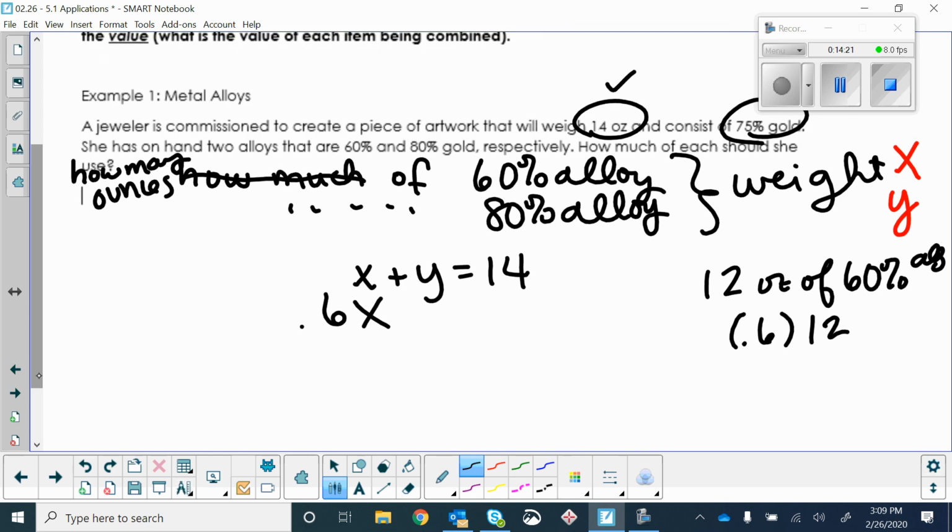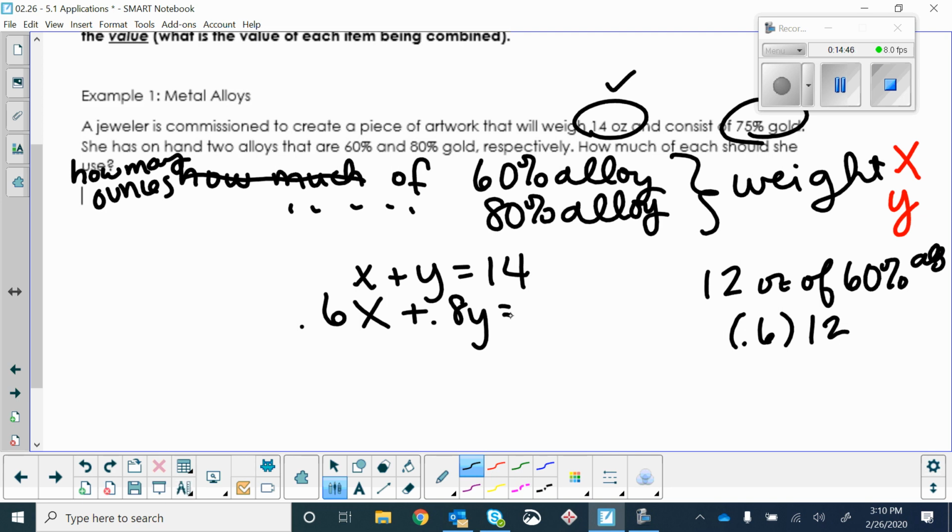And I need Y amount of the 80% alloy. So this represents how much gold is in the X amount. This represents 80% of the weight in that alloy.